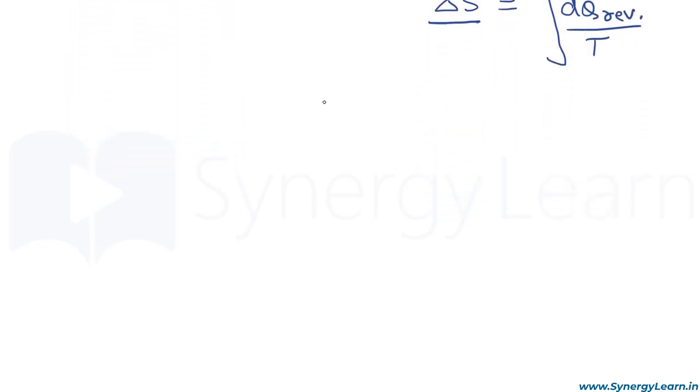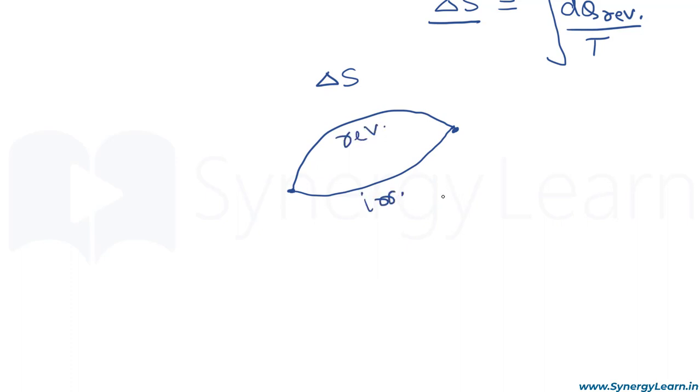But there is a relief: the entropy change delta S involved in a reversible as well as an irreversible process between the same two states always remains the same. That is, I have two states and two connecting paths, that is, processes. One is reversible and the other is irreversible.